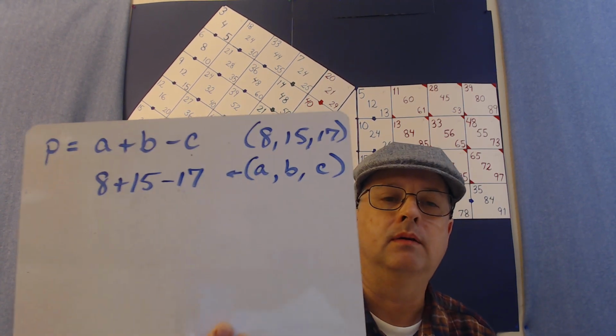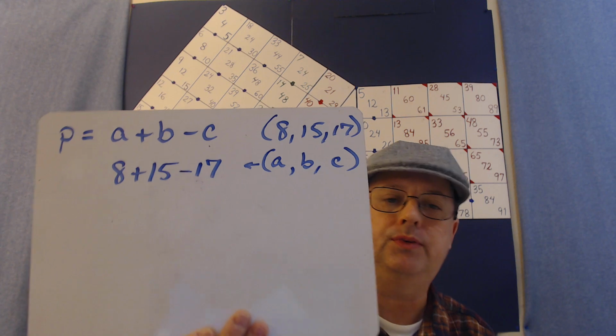So A will be 8, and B will be 15, and C will be 17. And so then 8 plus 15 is 23, minus 17, and then P will be 6.